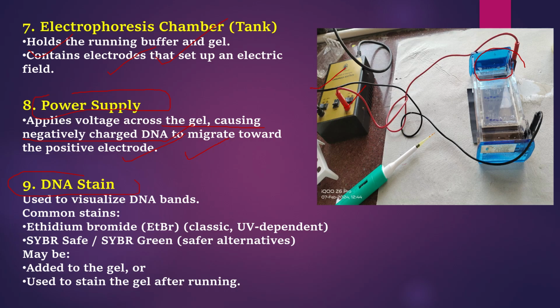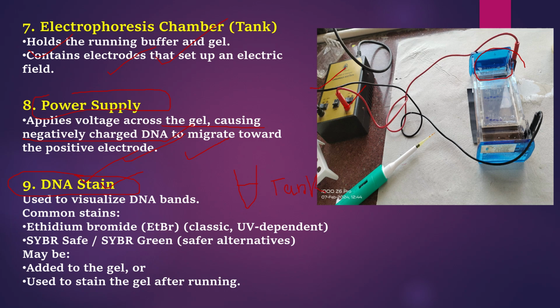Now after running the gel, we have to stain it. Generally in vertical electrophoresis, the staining is done after the running of the gel. But in agarose gel electrophoresis, whenever we prepare the DNA samples, we add a DNA stain into it, and also in the tank buffer we add a staining solution, that is ethidium bromide.